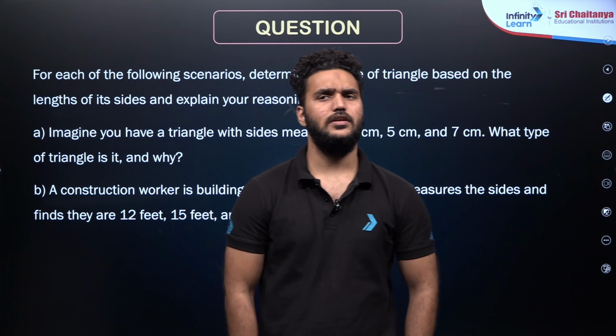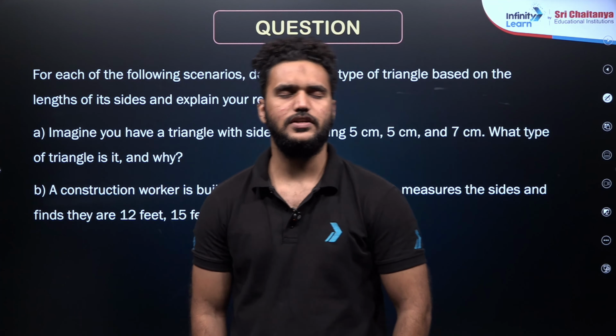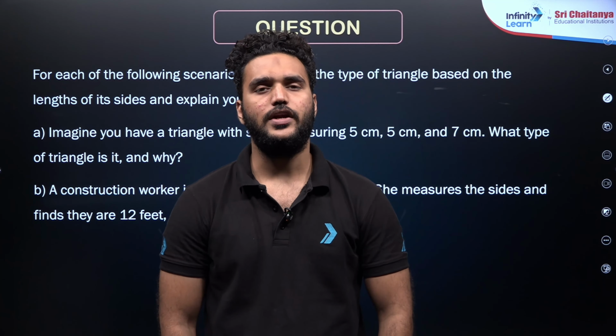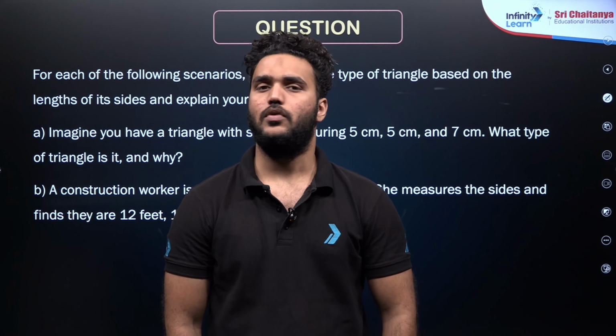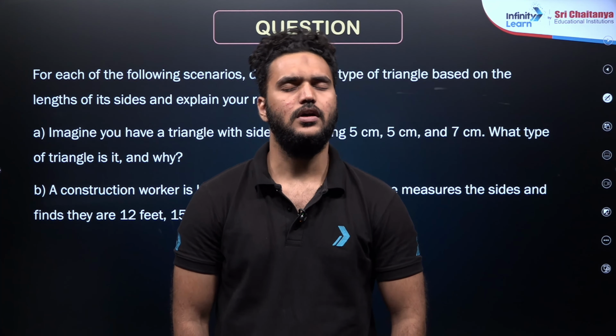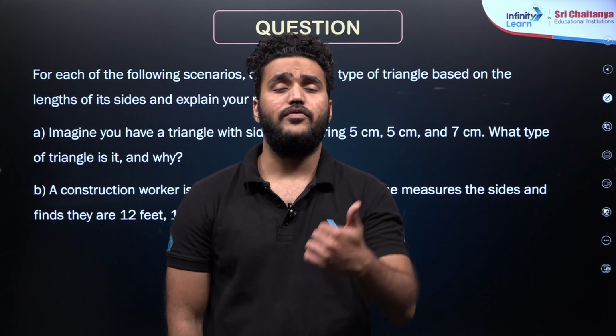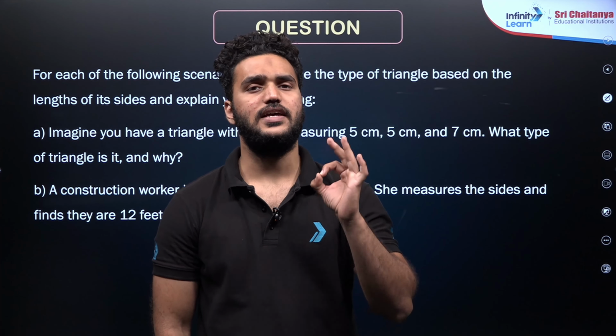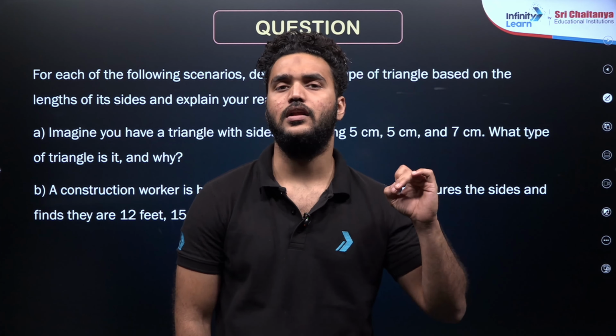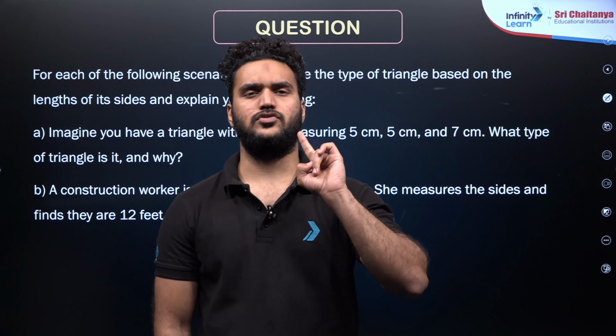It means, sir, every equilateral triangle is isosceles. Yeah, every equilateral triangle is an isosceles triangle. What about every isosceles? No, every isosceles is not equilateral. How is it possible? Every square is a rectangle, because every square satisfies the condition of a rectangle, but every rectangle is not a square.